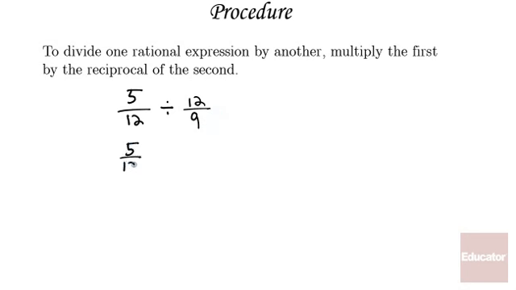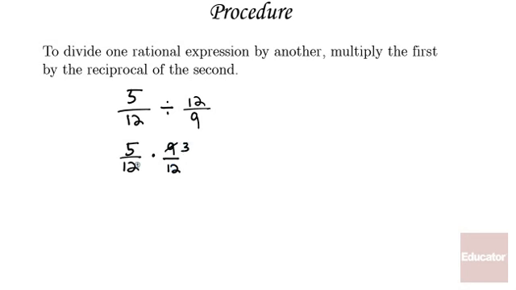Therefore, instead of 5 over 12 divided by 12 over 9, you're going to write this as 5 over 12 times the reciprocal of 12 over 9, which is 9 over 12. So at this point, you're just multiplying, just as you always would. And as part of multiplication, remember that you're going to first simplify.